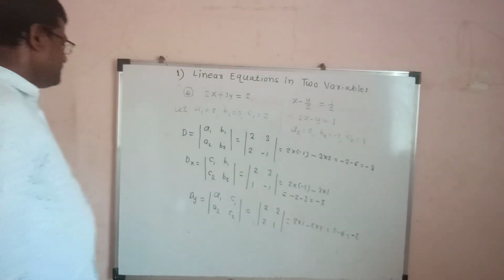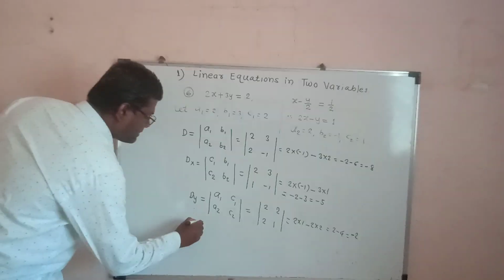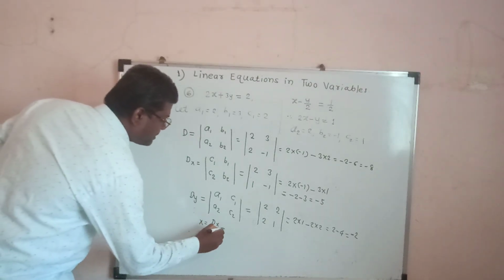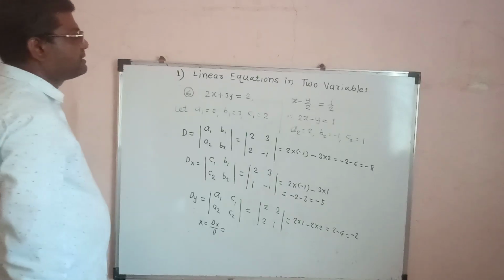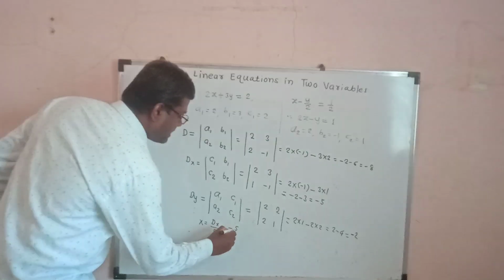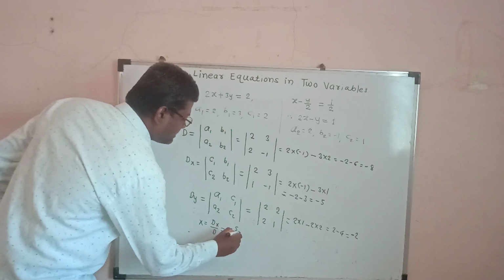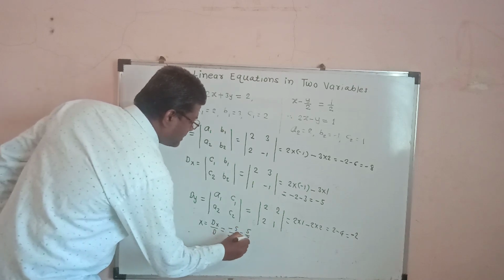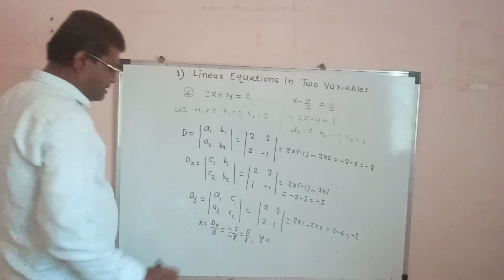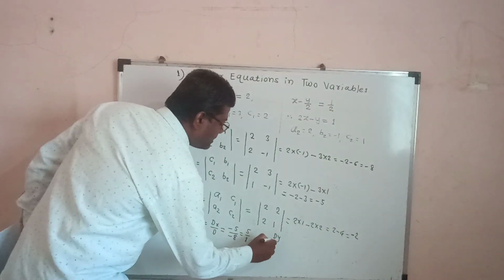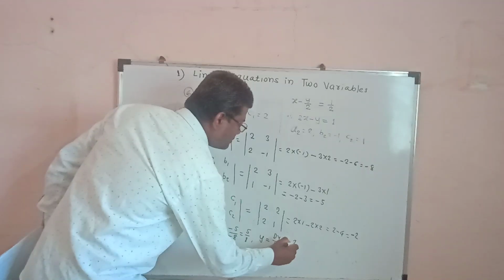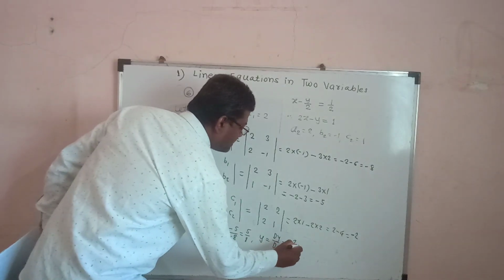Now let us find the value of x. X is equal to dx by d. Value of dx here is minus 5 and value of d is minus 8, so x is equal to 5 upon 8. And y is equal to dy upon d. Value of dy is minus 2 and value of d is minus 8.